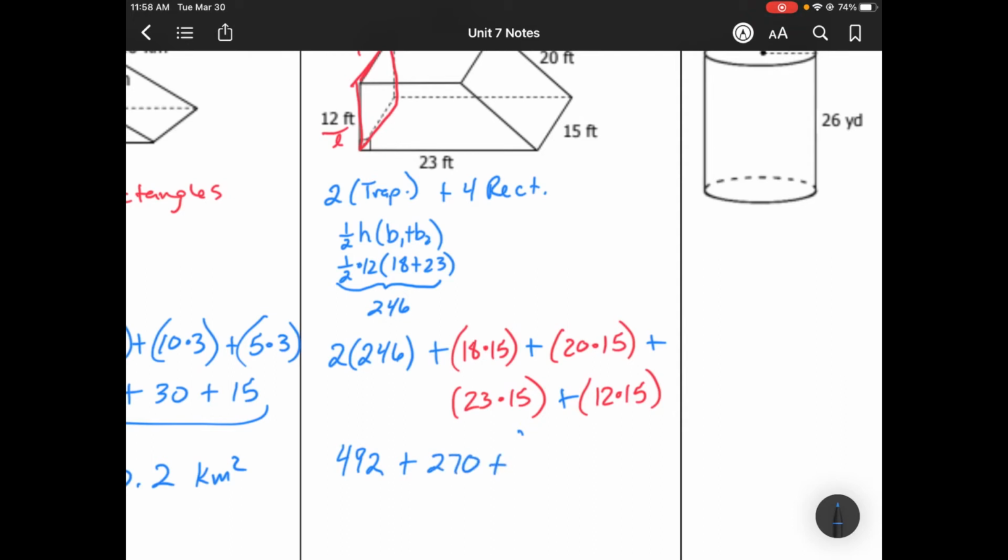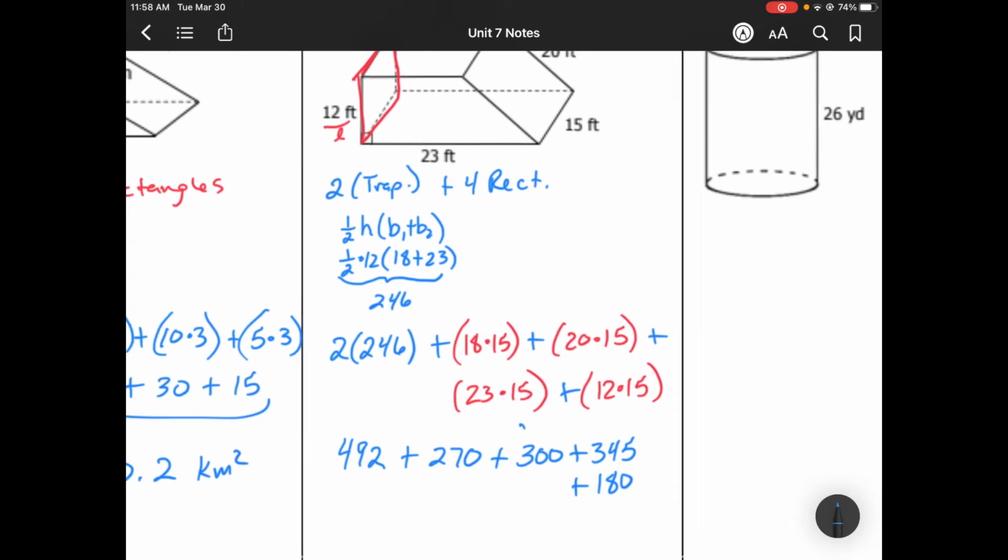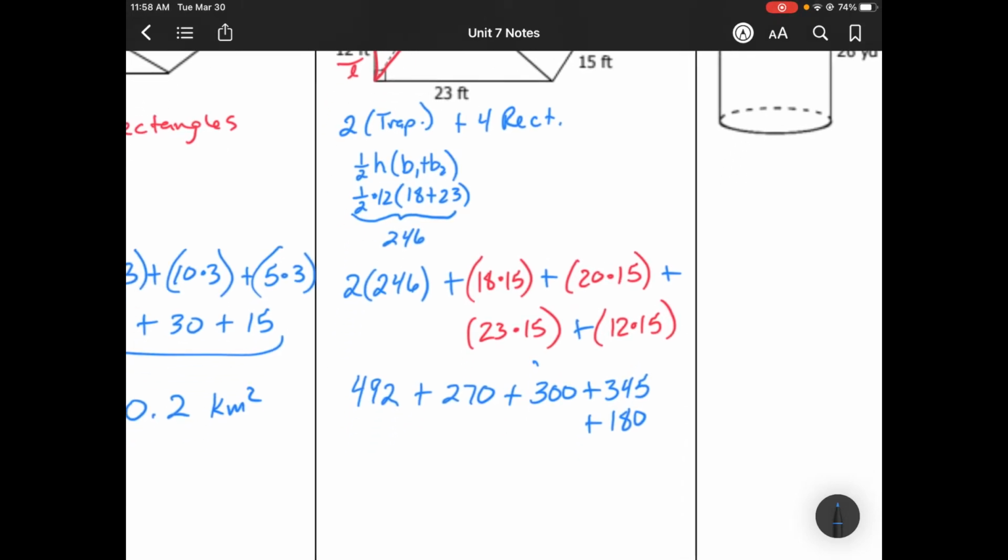Then the 20 times 15 gives us 300. And the 23 times 15 gives us 345. And then finally, the last one, 12 times 15 is 180. Okay, so when I add all of those together, I get a grand total surface area of 1,587 square feet.